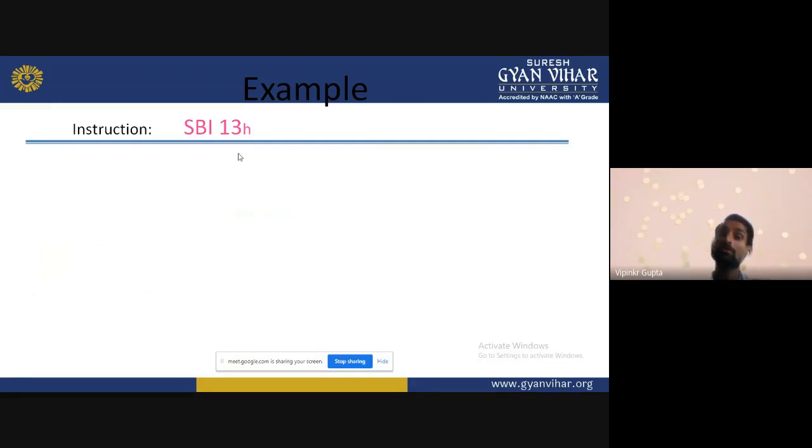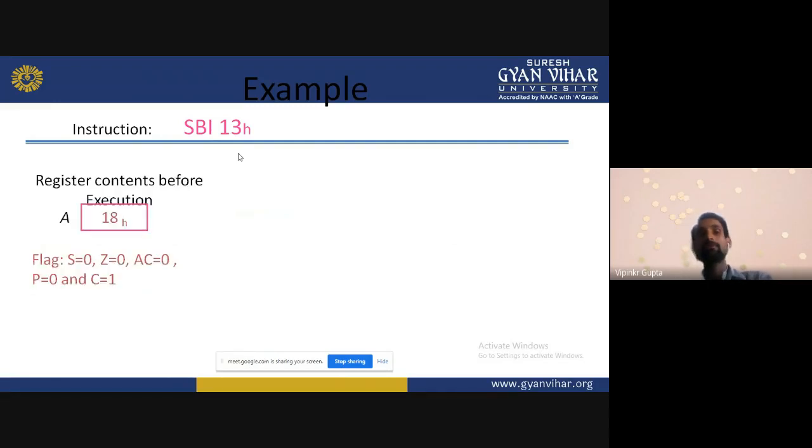But in this example, suppose there is a borrow; that will be shown in the flag register. Then we take this borrow and subtract it from the result we have.